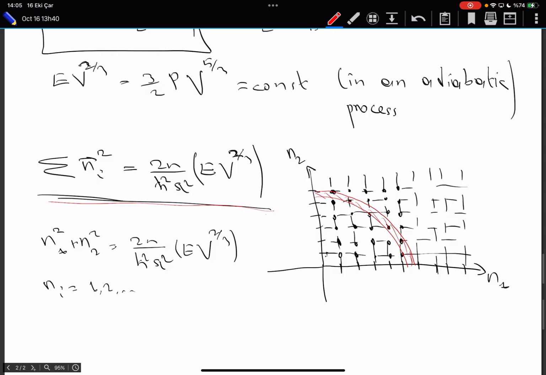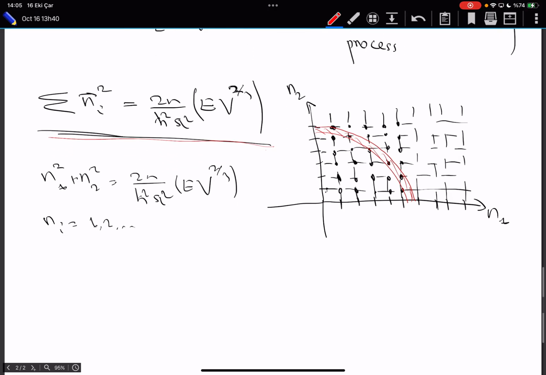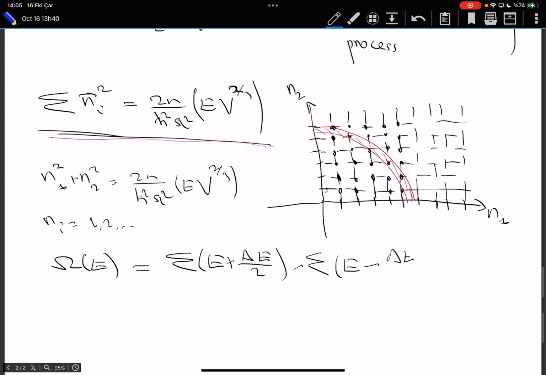So we have to do other things rather than talking about derivatives. And in fact, this is why, instead of obtaining omega of E, we calculate sigma of E plus delta E over 2 minus sigma of E minus delta E over 2. This is what we calculate.